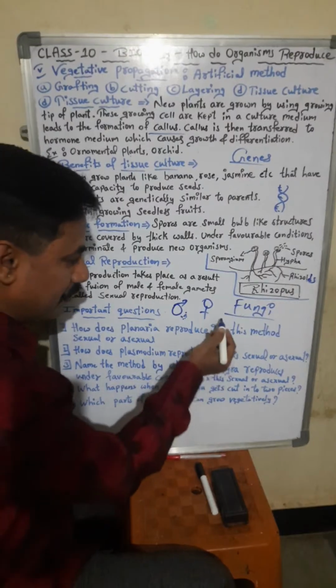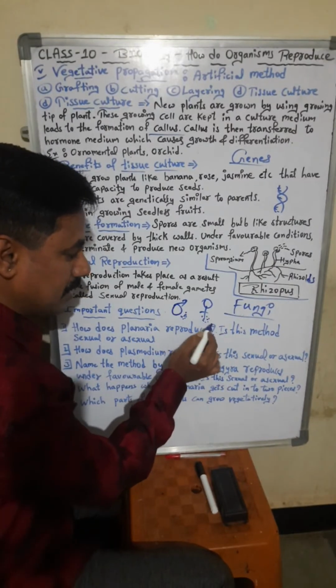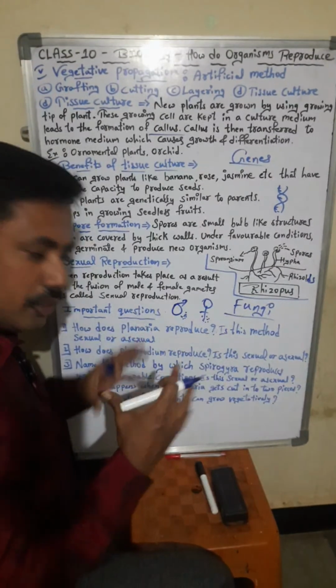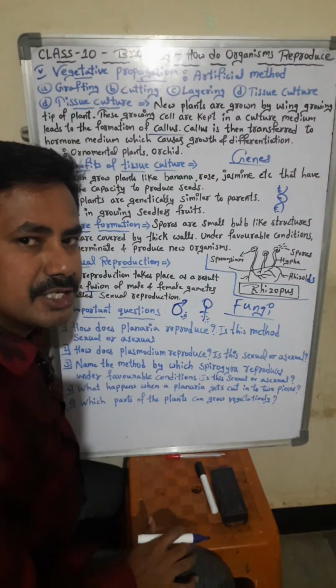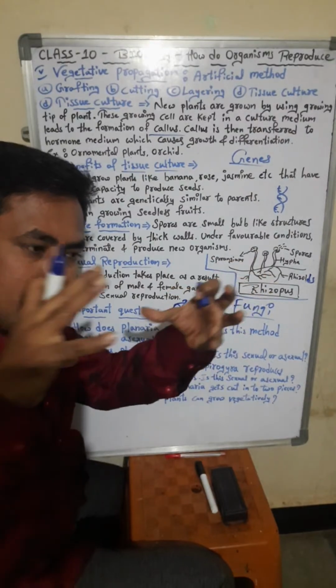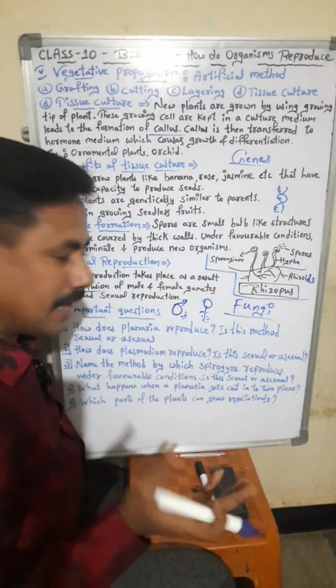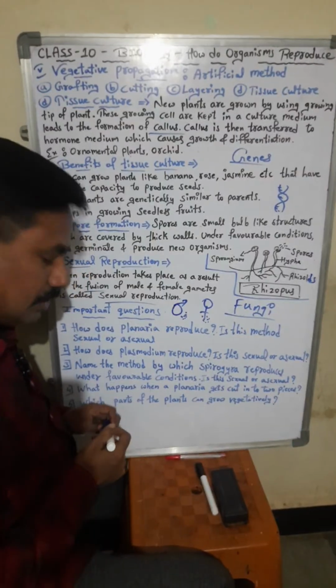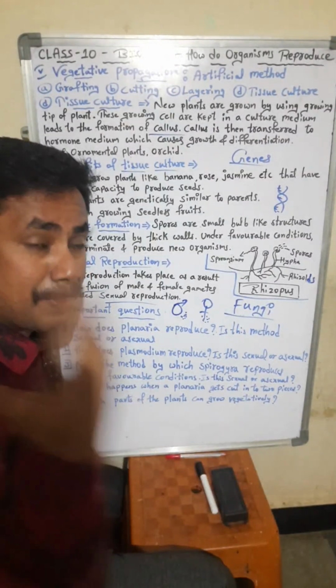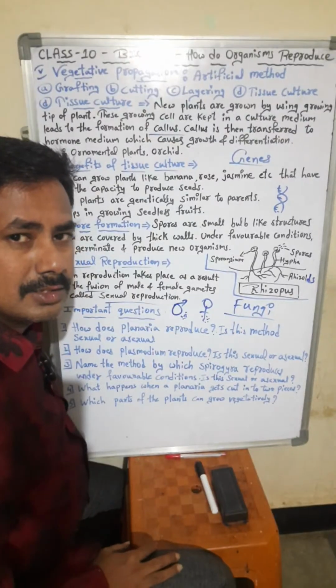When the male produces gametes and the female produces gametes, and they fuse, fusion means combining. Male gamete and female gamete, when they combine, it is called sexual reproduction. Simple.